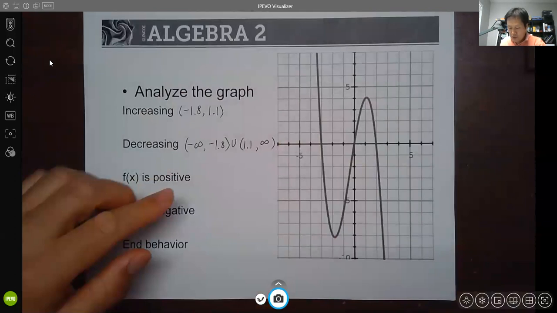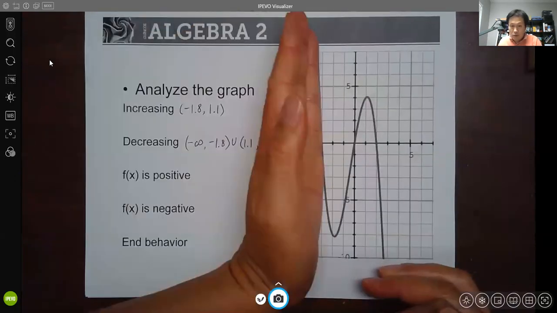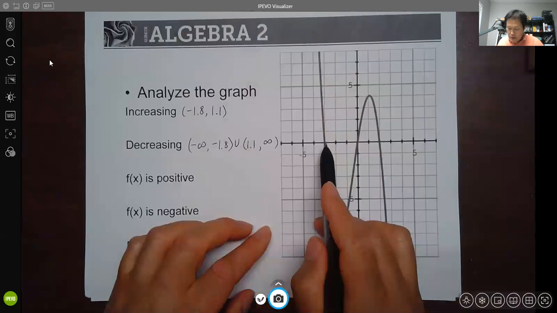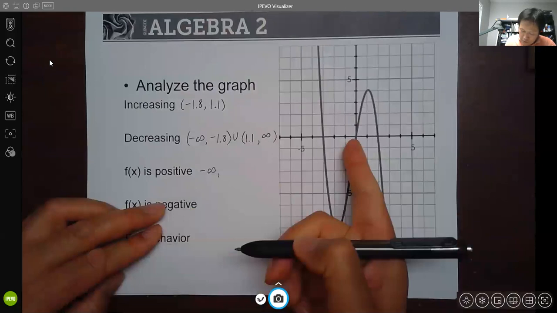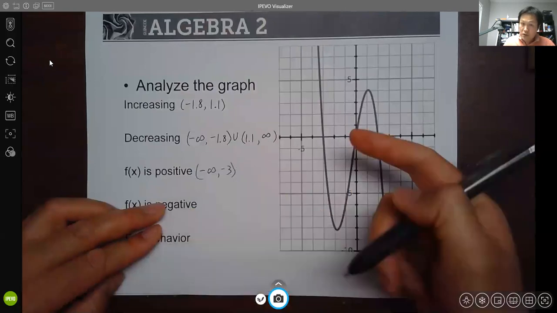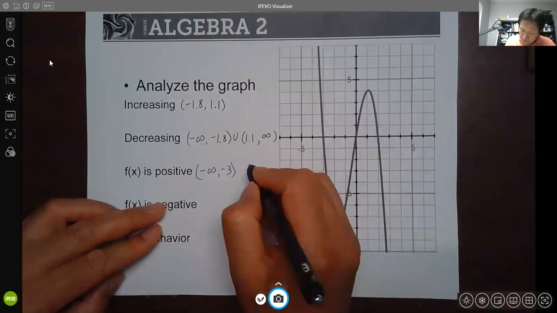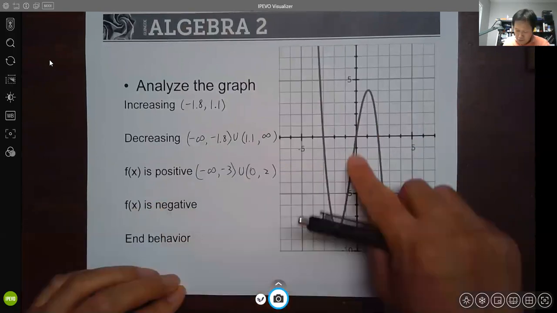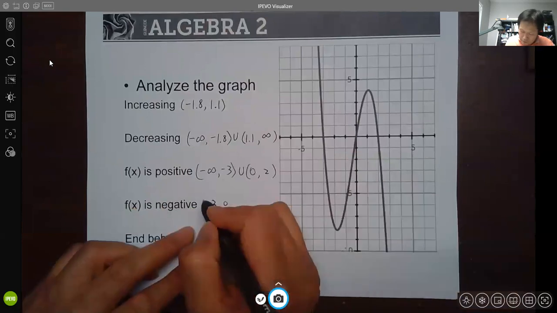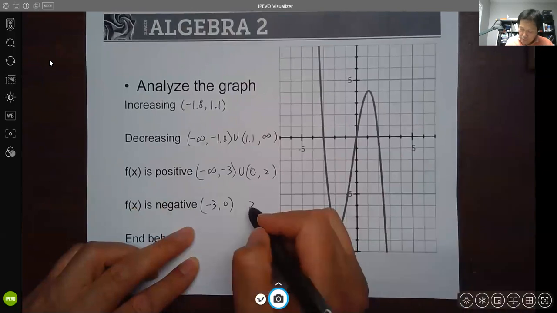Positive. Okay, this portion is positive. Minus infinity to right here, above the x-axis: minus infinity to minus 3. This portion is above the x-axis, 0 through 2. Negative is this portion, minus 3 through 0. This portion is below, so 2 through infinity.